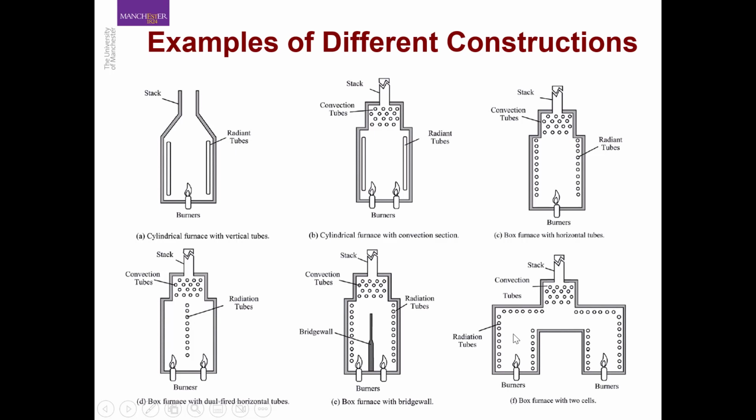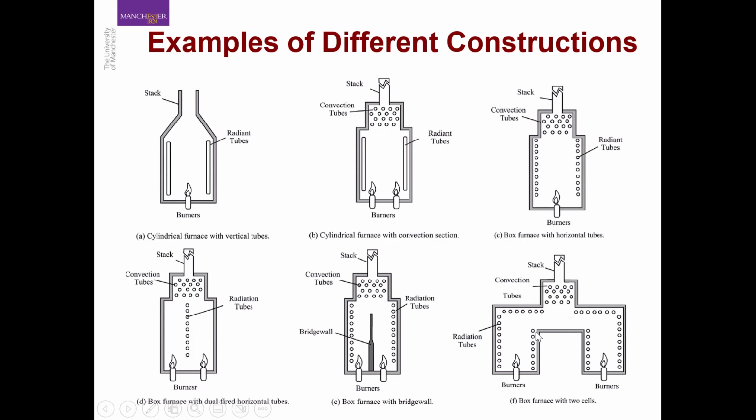And these kinds of furnaces are very common in steam crackers. So as I said before, you can use these furnaces as reactors as well. So steam cracking is a kind of reaction system. And we have here two cells, and of course this arrangement is designed to maximize the heat transfer in production of olefins, for example, ethylene, propylene, and butadiene.